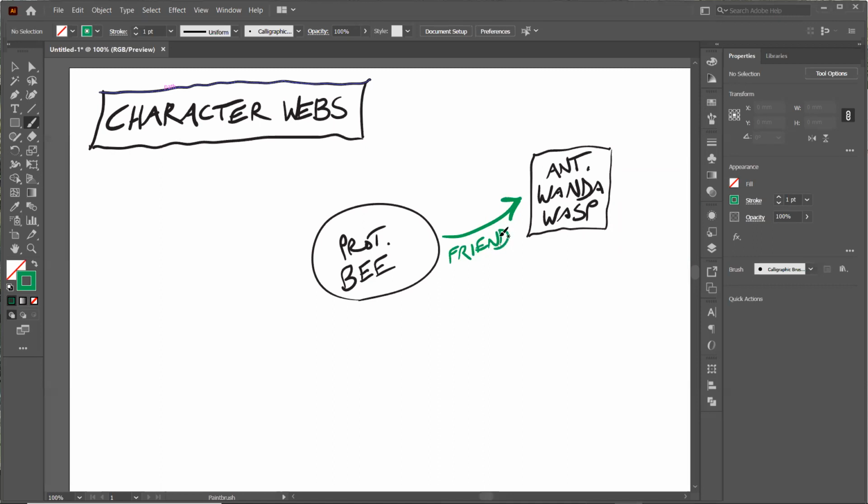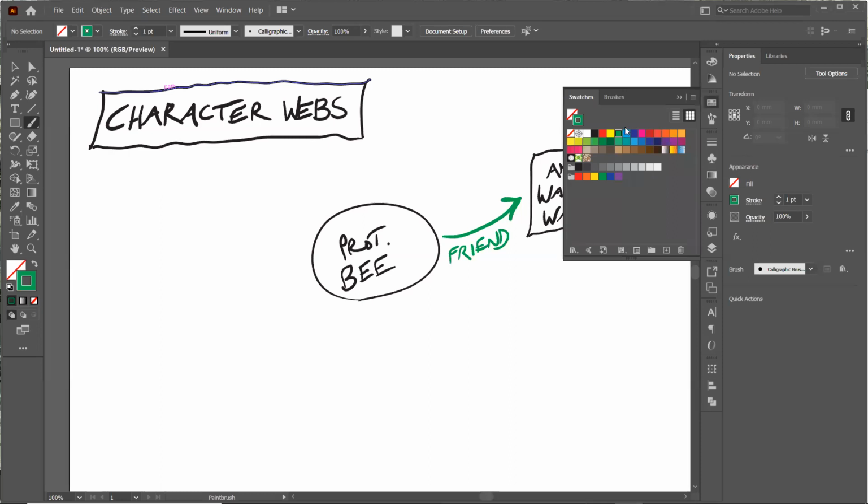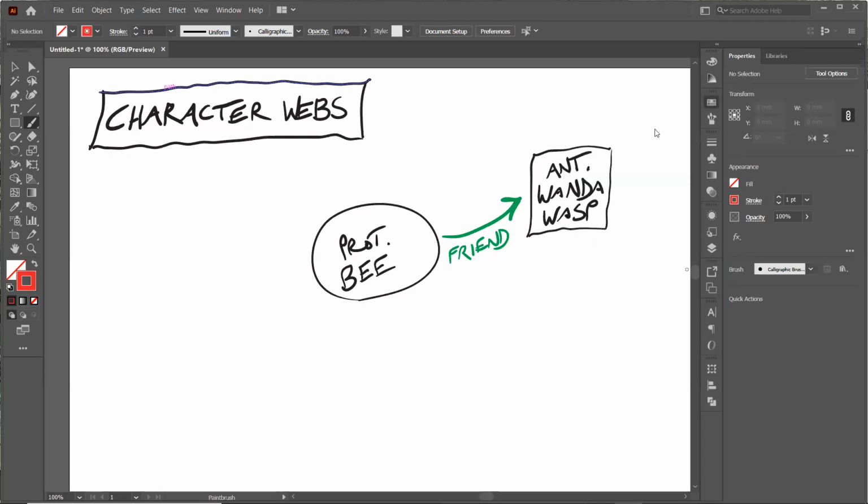Maybe they are in the same school or something, like a school for young bees and wasps. But Wanda doesn't think in the same way of a bee. So Wanda is actually Bee's enemy.